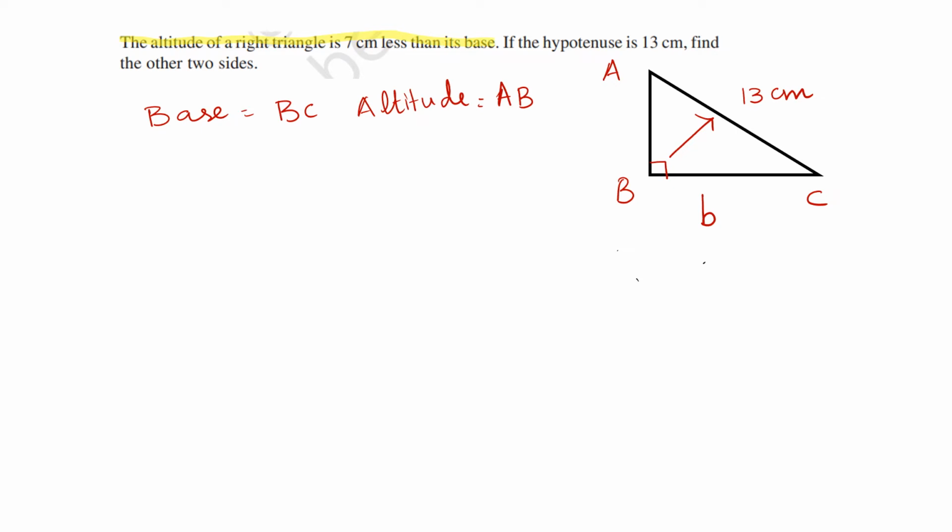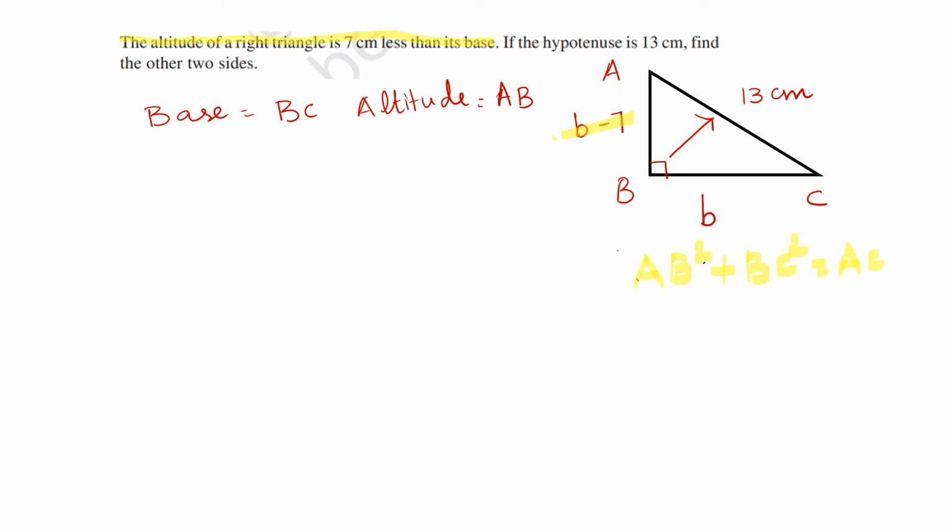So I am going to take this as B minus 7, 7 centimeter less than its base, right? Now we have to use the Pythagoras theorem. What is the Pythagoras theorem? Pythagoras theorem states that AB square plus BC square equal to AC square, right?